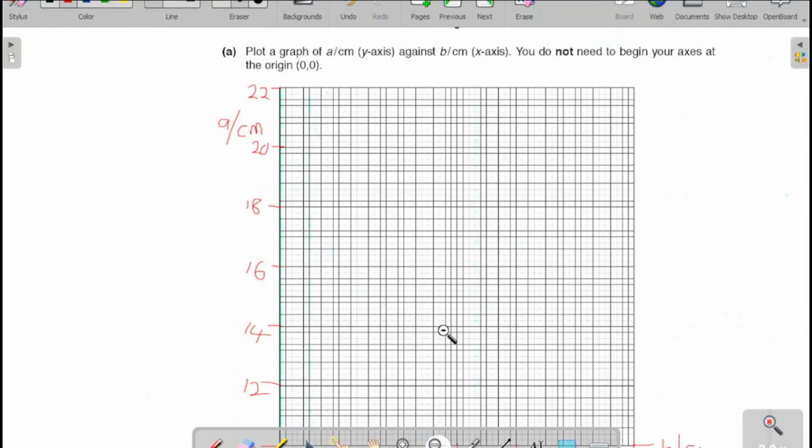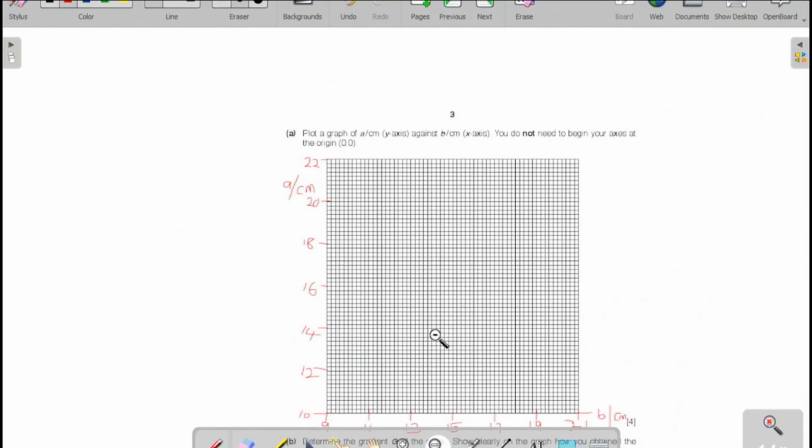I will still make it a little wide. This is 19, so let's look at 19.1. This is 19.2, so 19.1 should be a little bit below.